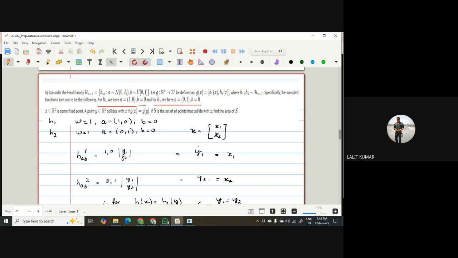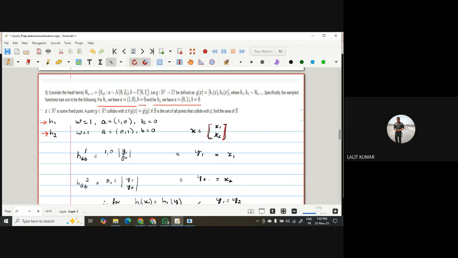So see, for hash function H1, W is equal to 1, A is equal to 1, 0, B is equal to 0. For hash function 2, W is equal to 1, A is equal to 0, 1, B is equal to 0. So let's take that your point X is X1 and X2.